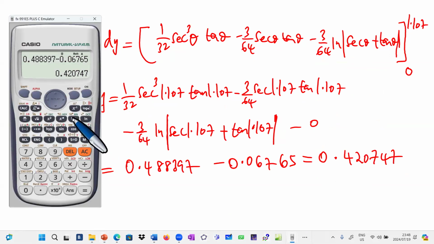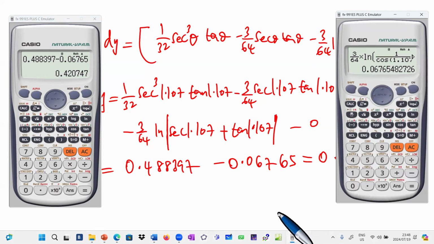Okay, yeah, we have the radian measure, so this is in radians. Let me check the other one, 420, and this one is also in radians as well. And you're subtracting these particular results here.